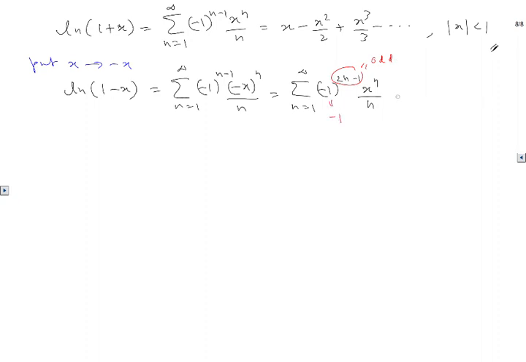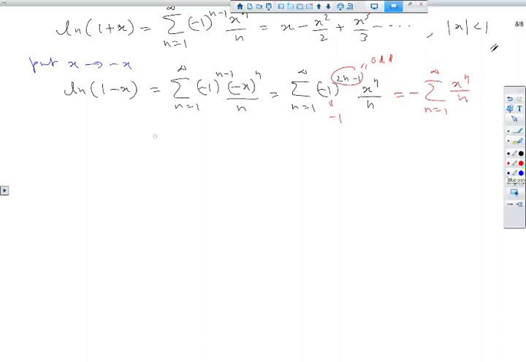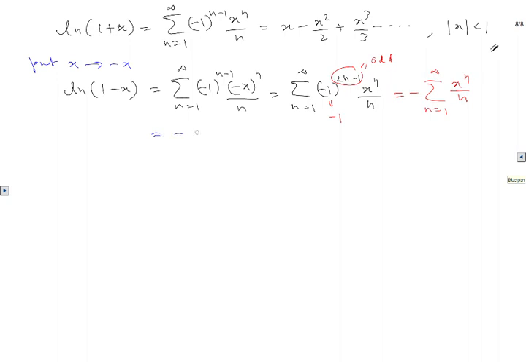You get negative sigma n going from 1 to infinity of x to the n over n. So all the terms are negative now. It is just the negative of the previous one, and nothing else changed. You can see all the terms are negative, but it's still only valid for absolute value of x less than 1.